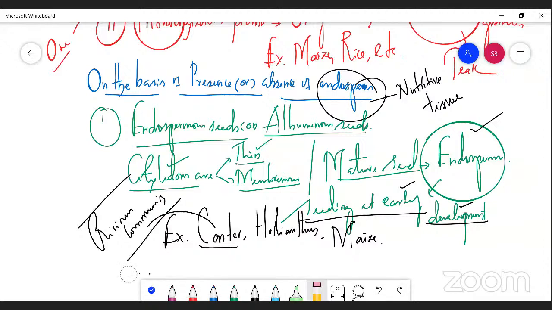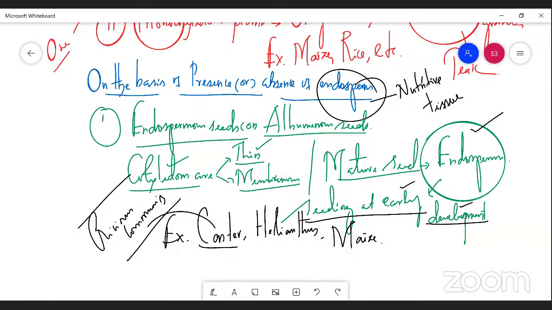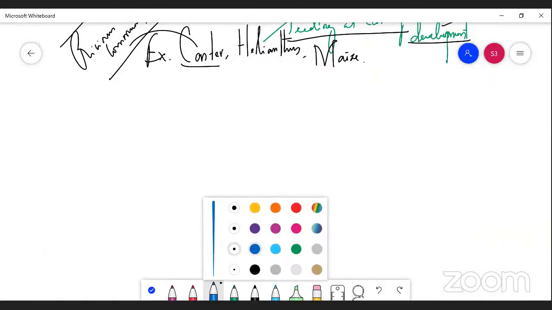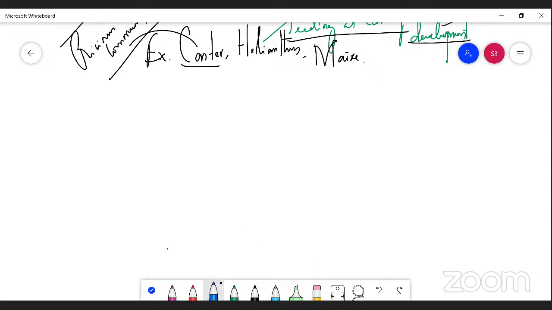Now the next one is commonly called non-endosperm seeds, also known as non-albuminous seeds.